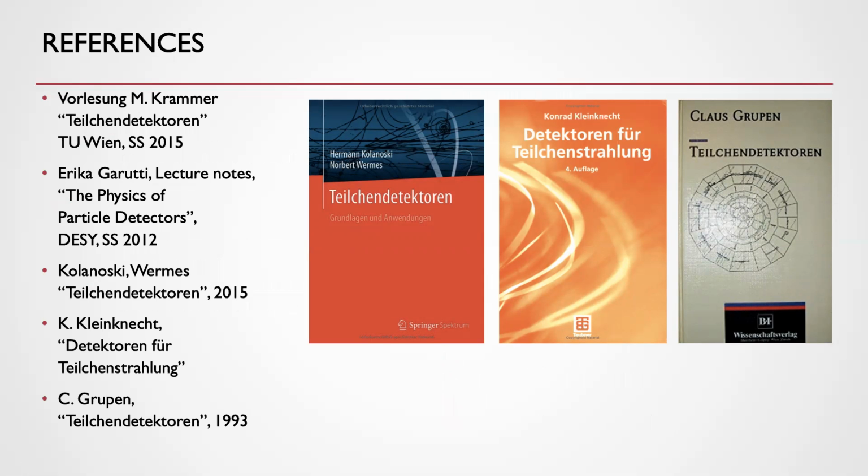Generally speaking, looking back at maybe 50 years of detector development, gaseous detectors were the earliest, but have been continuously replaced by other detectors, most notably silicon detectors, because the silicon industry has of course gained enormous traction.